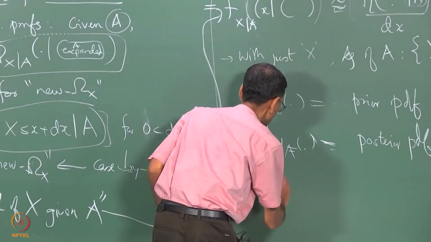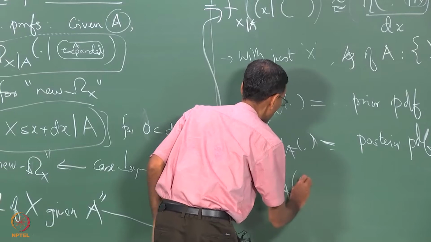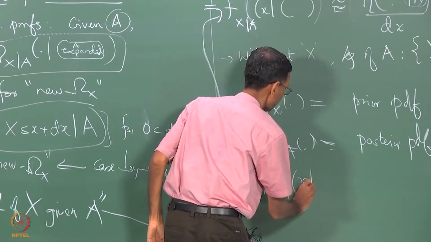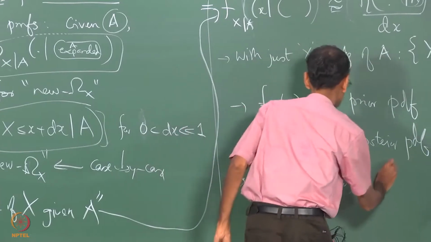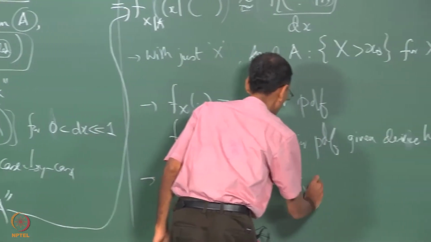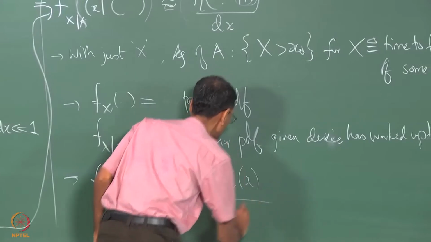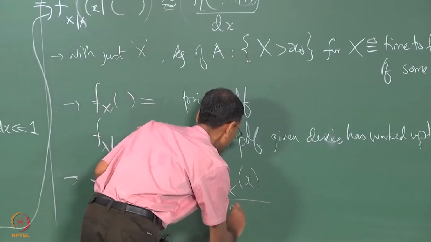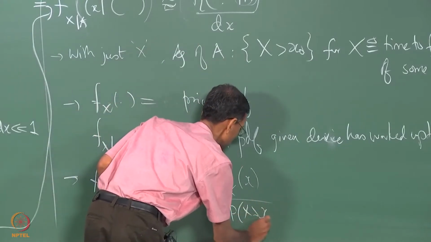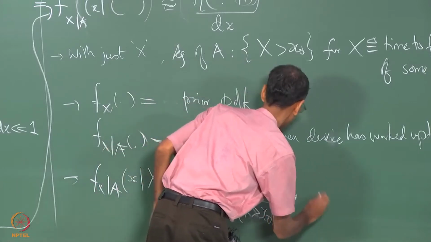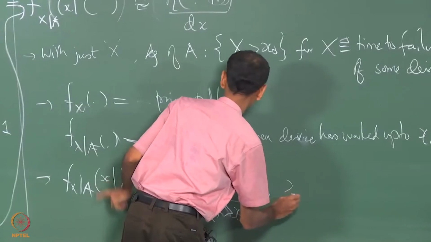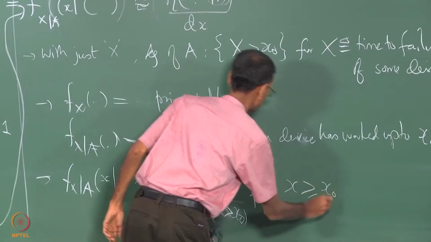So f_X given A, we know that f_X of x given X greater than x naught is basically going to be the same f_X of x divided by P of X greater than x naught, for small x greater than or equal to x naught.